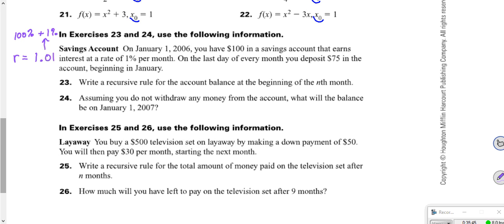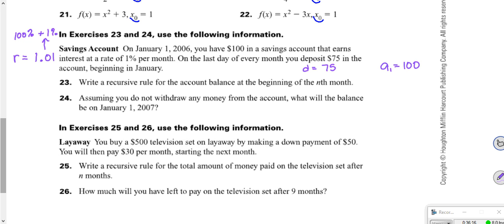That's what that means. And then you also deposit $75. So this would be like D equals a positive 75. So you've got two things going on. You've got a rate working on it, plus you have a deposit each month. It says write a recursive rule for the account balance at the beginning of the nth month. So first of all, our first month says we started off with $100. Got to have a starting point.